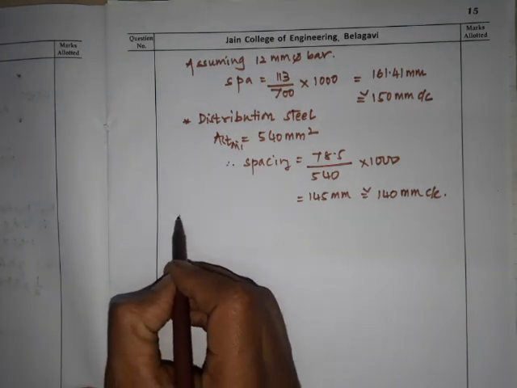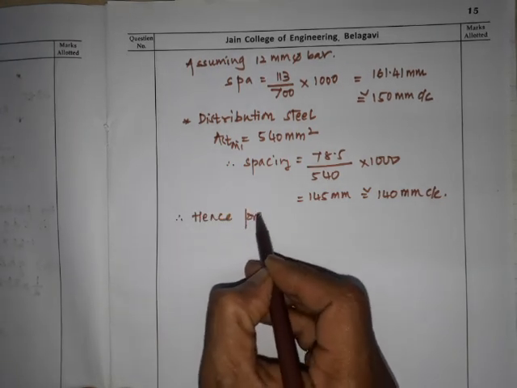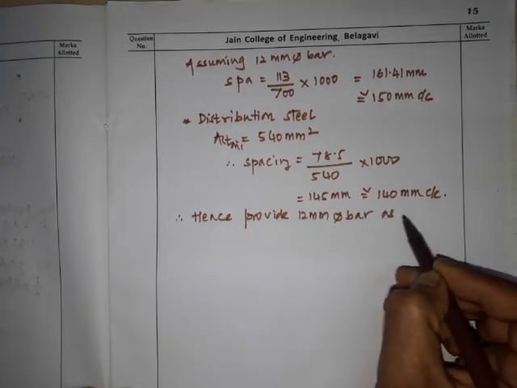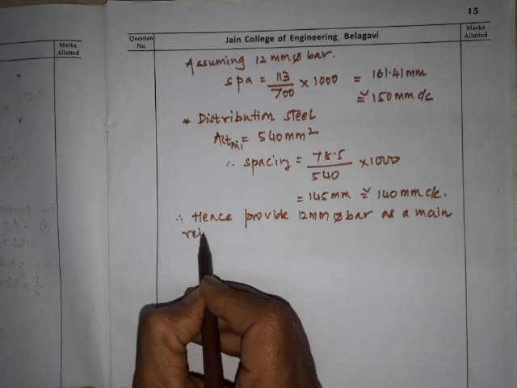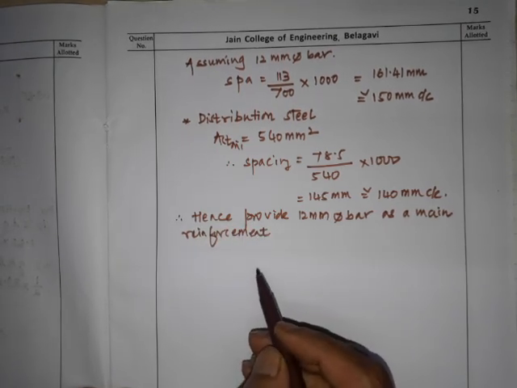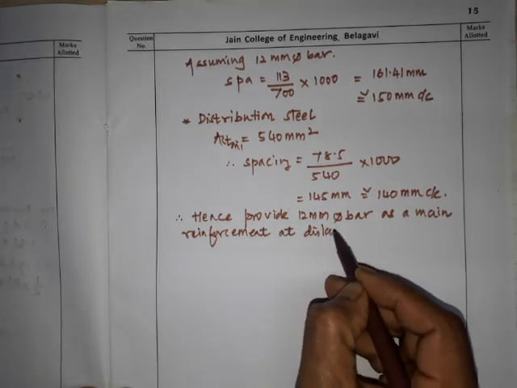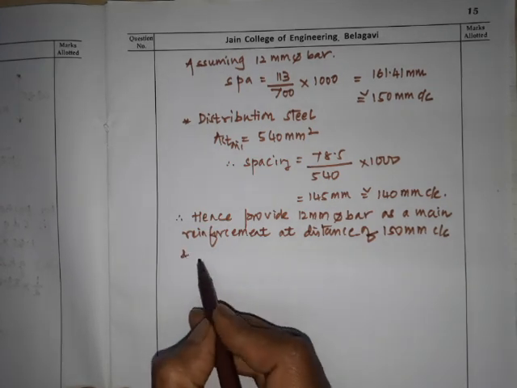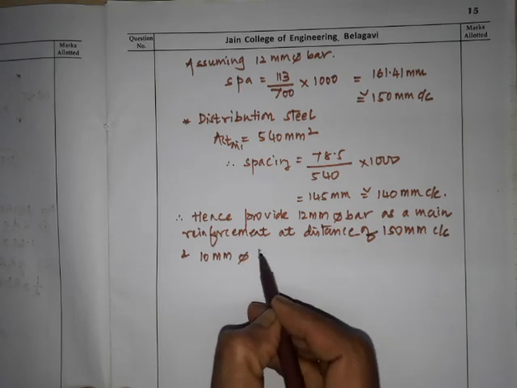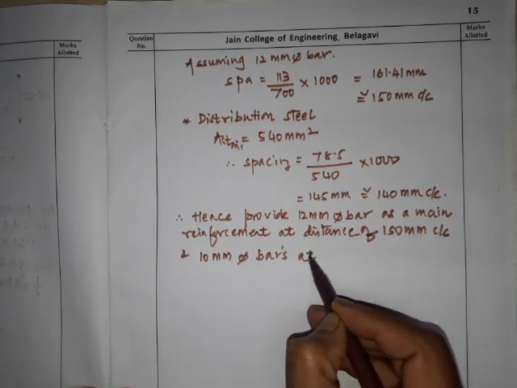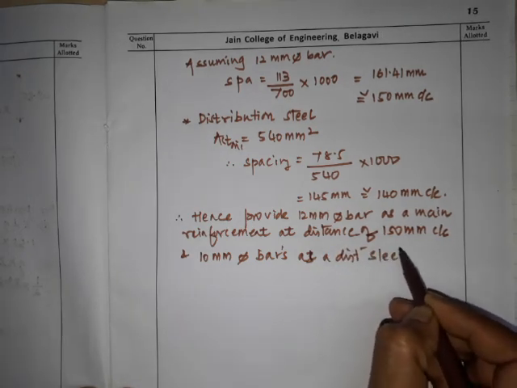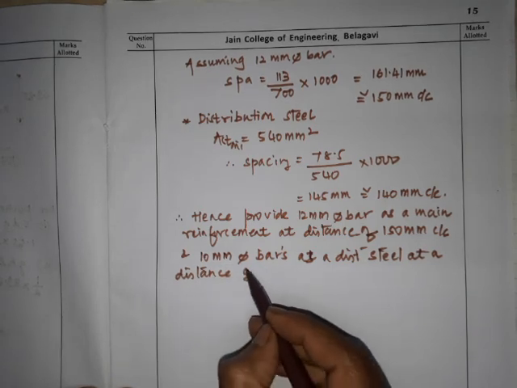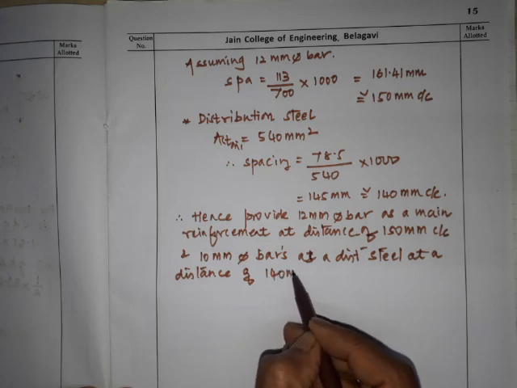So therefore, hence provide 12 mm dia bar as main reinforcement at a distance of 140 mm center to center and 10 mm dia bars as distribution steel at a distance of 140 mm center to center.